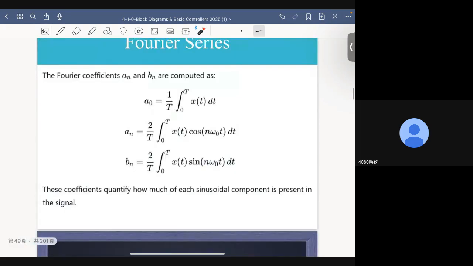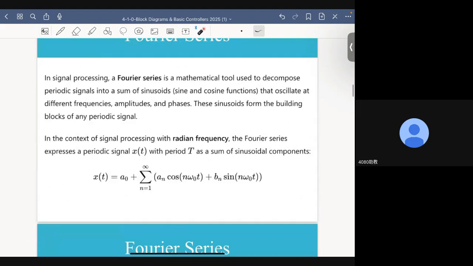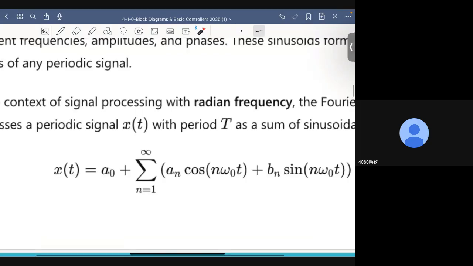Okay, why do we want to start this topic? The reason is that we want to understand why we want to use Fourier series in the first place. Why do we want to employ such a representation? Because in the beginning, at least on the surface, it doesn't make sense. Why doesn't it make sense?